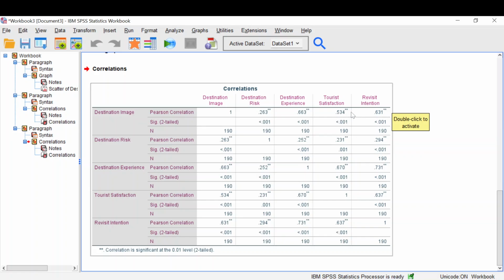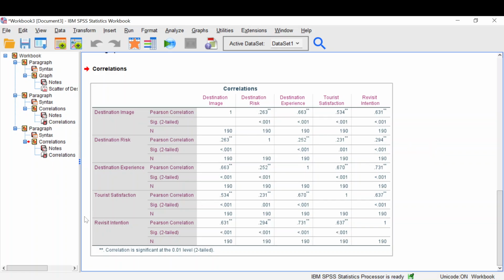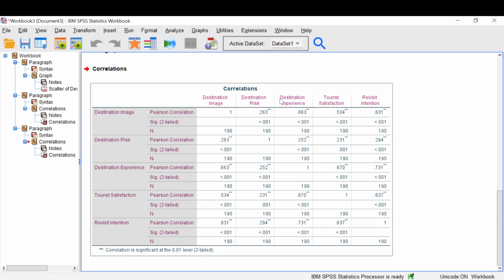If we look across, we can compare image to all of the other variables. Let's go back to our original question. The DMO wants to know how image, risk, experience, and satisfaction affect revisit intention.